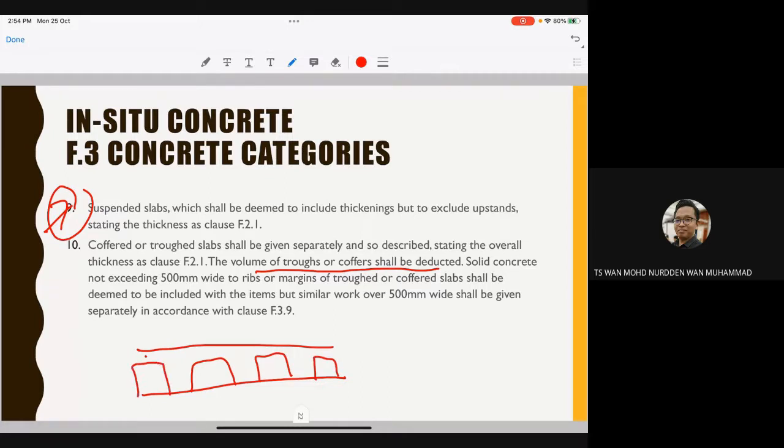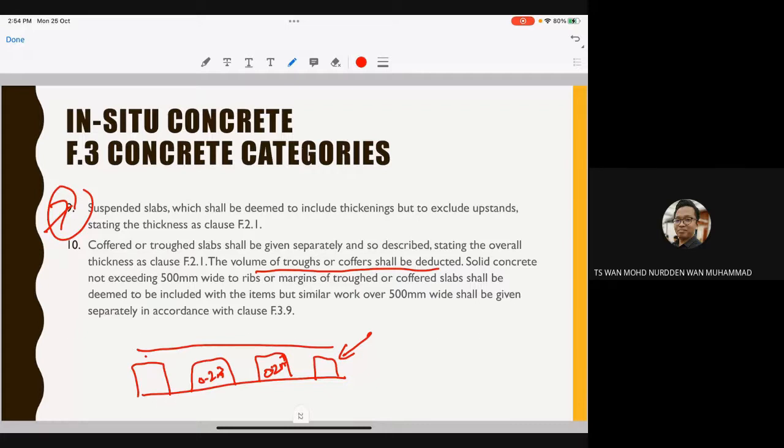So kawasan ni berapa meter cube? Katakanlah 0.2 meter cube. So kita kena times lah how many coffer yang kita ada ataupun trough. So kita boleh kurangkan quantity of the volume of the concrete to be used. The volume of trough or coffers shall be deducted.